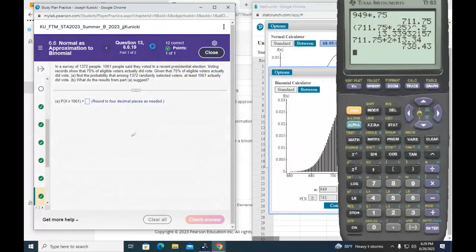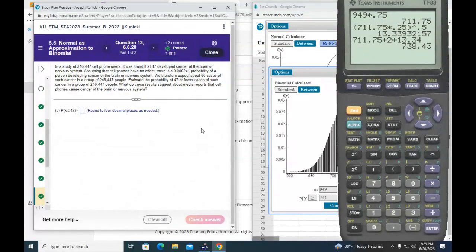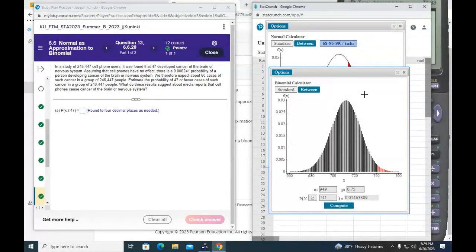Number 20. I hope it's good. Of 246 some thousand cell phone users, it was found that 47 developed cancer of the brain. Assuming that cell phones have no effect, there is a 0.000241 probability of a person developing cancer. We therefore expect about 60 cases.